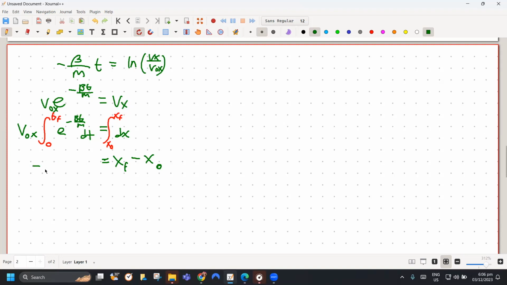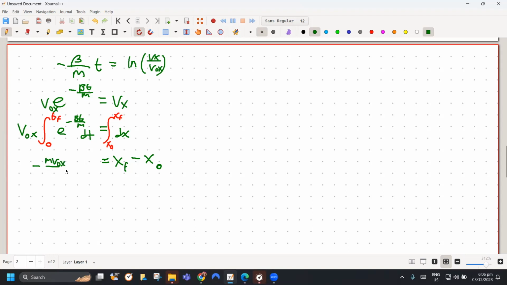Dito naman. Tapos, including V0X. Buuin mo yung V0X.